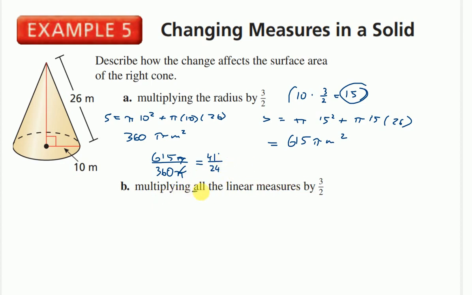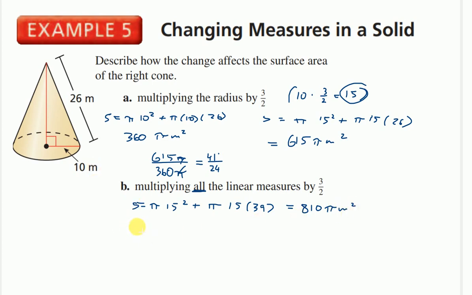Now if I want to multiply all of the measures by it, then we already have the original. So now the new surface area is pi times 15 squared plus pi times 15 times, this time 39, and that gives me an area of 810 pi meters squared.